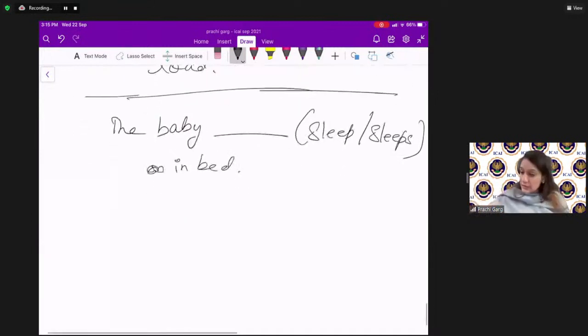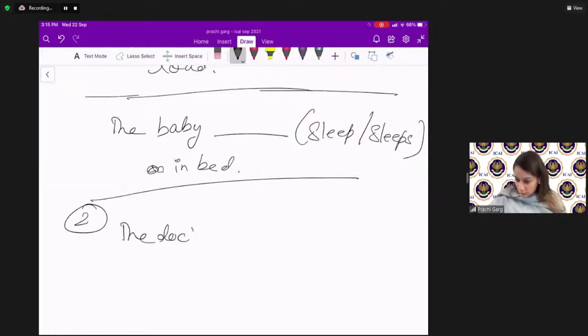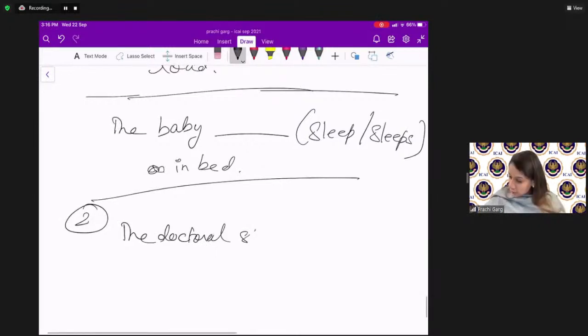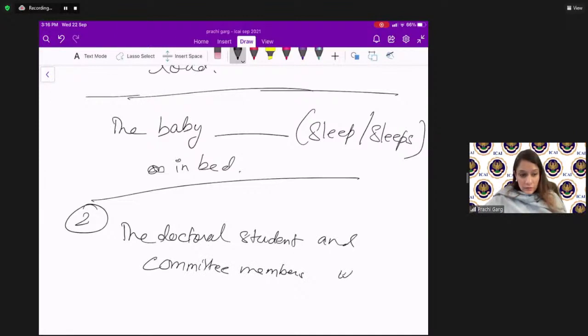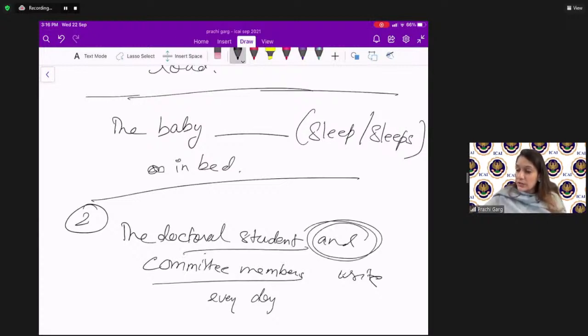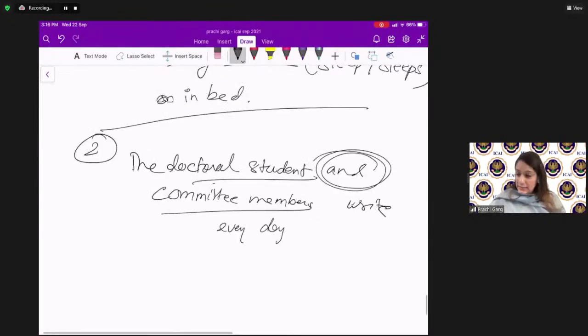That means if I say, the second rule I'm talking about, the doctoral student and committee members write every day. When there are two nouns used with the word and, we use the plural form of the verb. Am I clear? Yes?